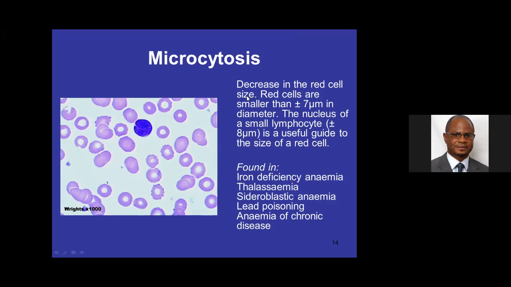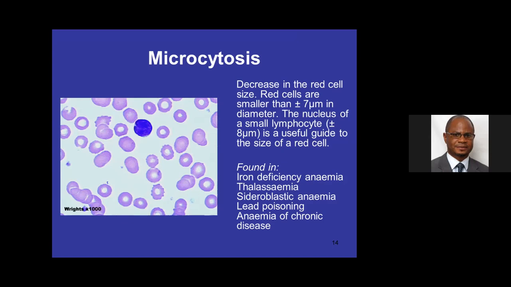Then the microcytes. It's not a classical film for microcytes, but what we have to note is that the red cells are decreased in size. They are smaller than 7 microns in diameter. They look like the nucleus of a small lymphocyte, and it's a useful guide to the size of a red cell. They are found in iron deficiency anemia, thalassemia, sideroblastic anemia, lead poisoning, anemia of chronic diseases.